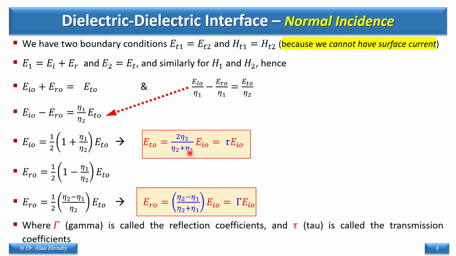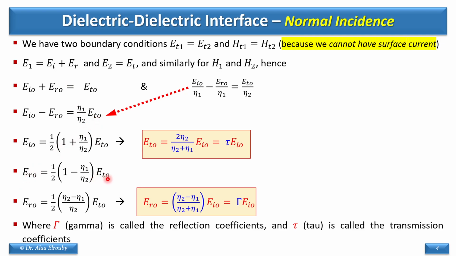So this blue term here is called tau, which is the transmission coefficient. Continue with the solution of the equations to find E reflected. We can just subtract, or substitute E tangential, E transmitted, and if we subtract the 2 equations, we'll find E reflected in terms of E transmitted.